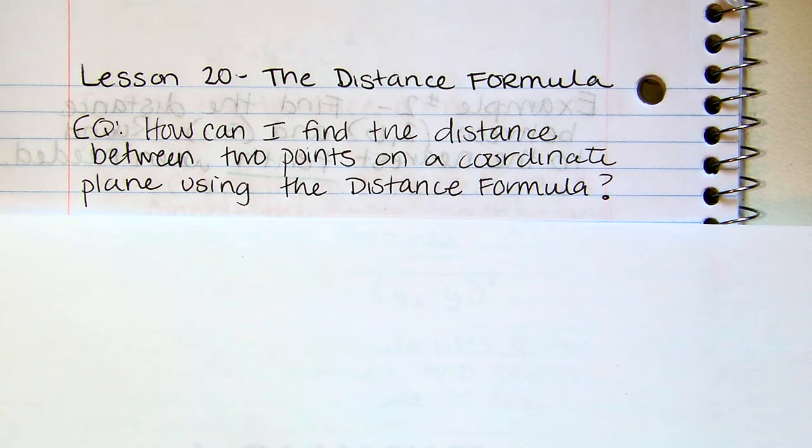As we talked about in lesson 19, a coordinate plane is a graph. So for this particular lesson, we are going to be using 2 different points or 2 different coordinates or locations on a graph. And we will be using that information in a specific formula to determine the distance diagonally from one point to another.